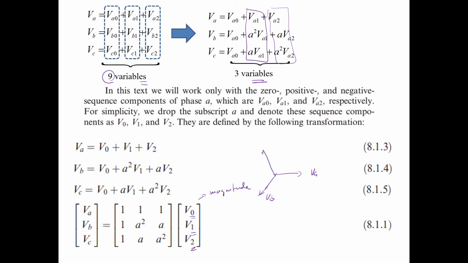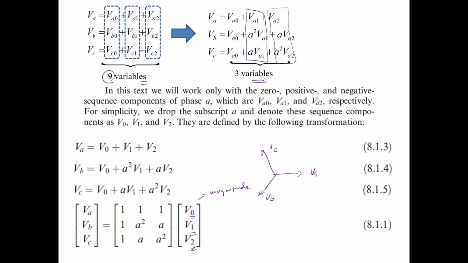This is positive. Once you know the magnitude, there's no problem finding VB and VC, because the angle just shifts by 240 or negative 120 degrees. If you know just the magnitude, you can define the other variables.